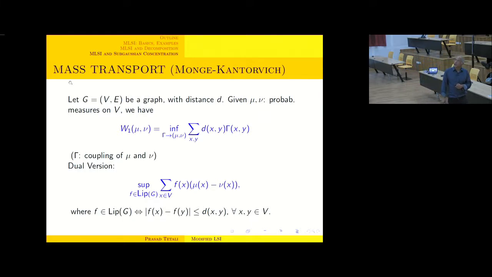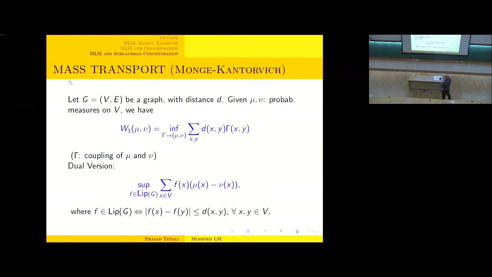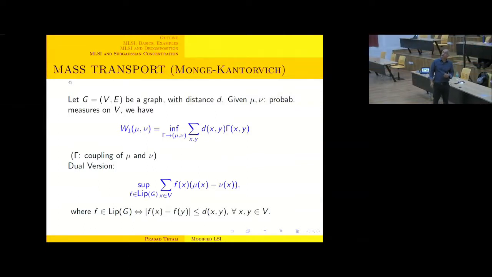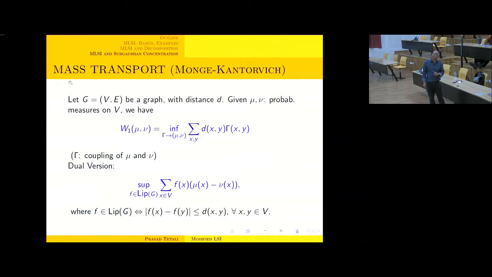Kantorovich metric. Is it a distance function? Indeed. For simplicity, for the present context, let me assume I have a graph and two probability measures on the graph. Why a graph? Take any metric space, so I need a metric and then probability measures.